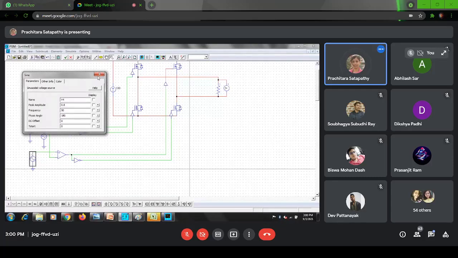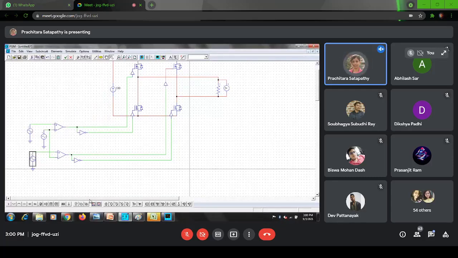Okay, so you can see the output. This is my V rectangular.